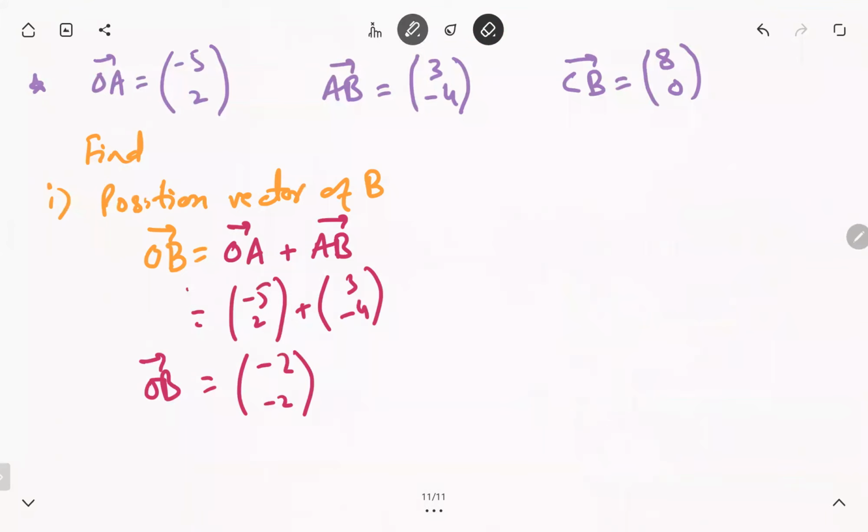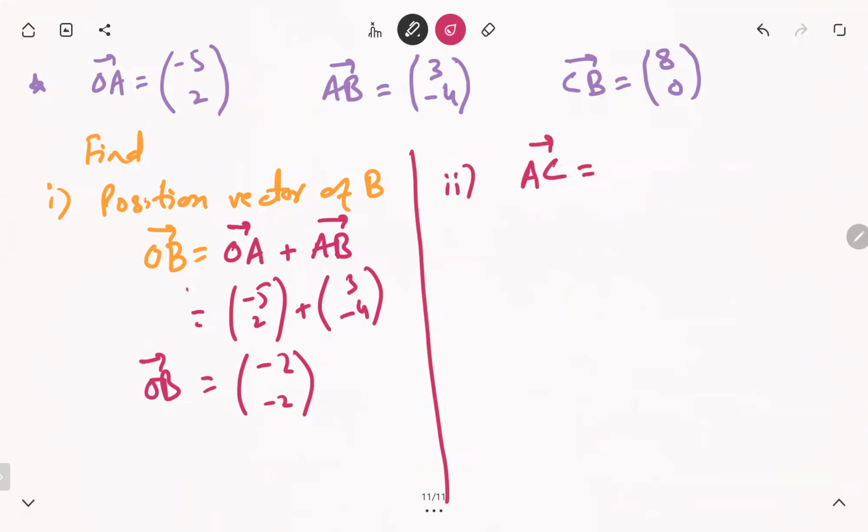Actually this is the same thing, it comes to the same thing. Second, you need to find now the vector AC. If you want to find vector AC, what path should be followed?